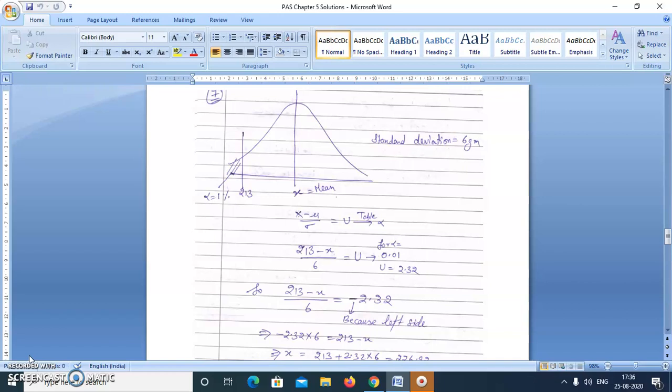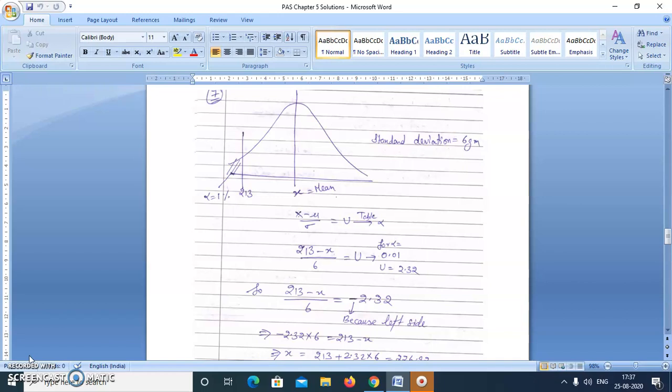Any problem based on normal distribution, first you should draw this symmetric bell-shaped curve with mean at the center, and we can see that according to this question, 1% entries, alpha is equal to 1% is at 213 grams. So what they are asking is what should be the average mass of the garments correct to the nearest gram, that is we have to find the mean.